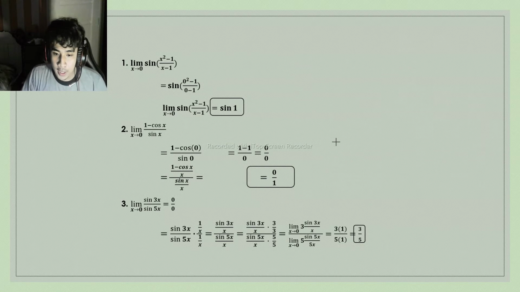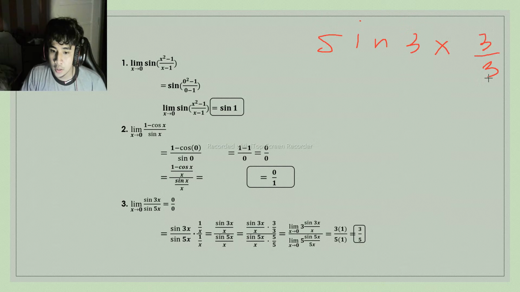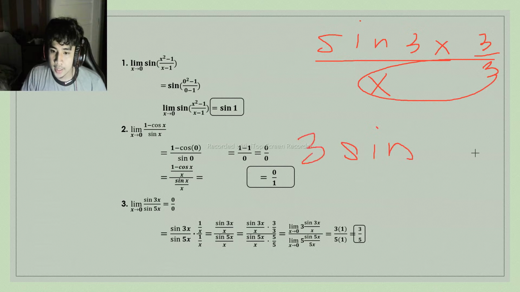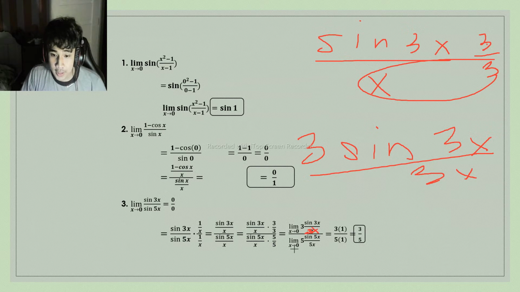So, mangyayari sin 3x times 3 over 3, may over x dito. So, magiging sin 3x over 3x, kasi minultiply din natin yung 3 sa sin 3x. May 3x dapat yan. Then, ganun din sa kabila.